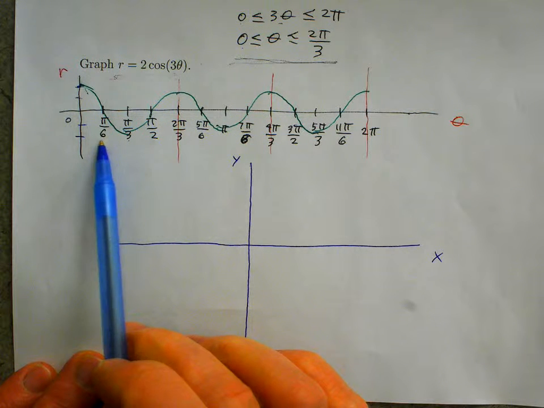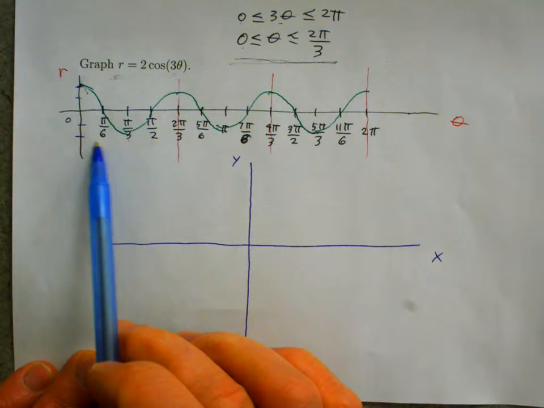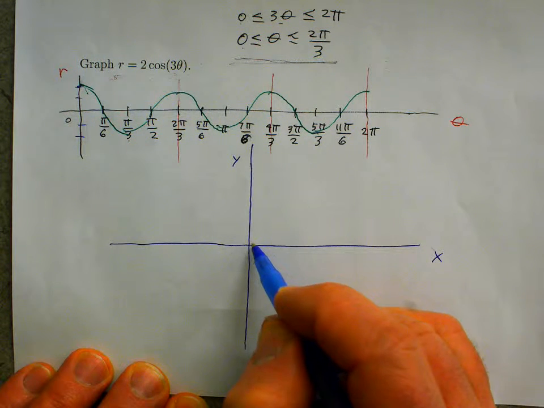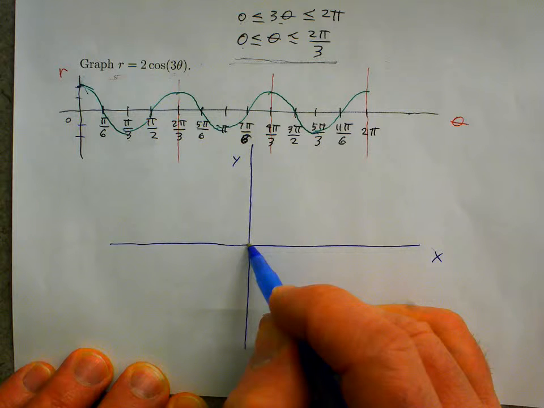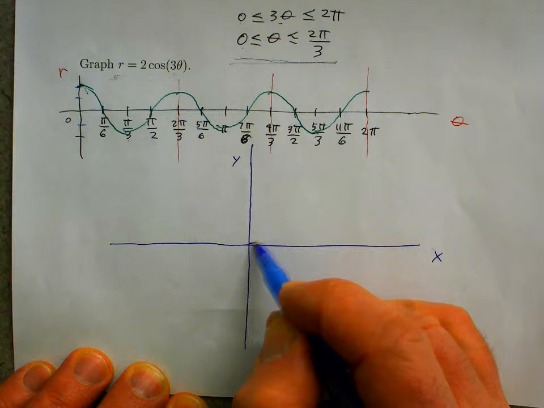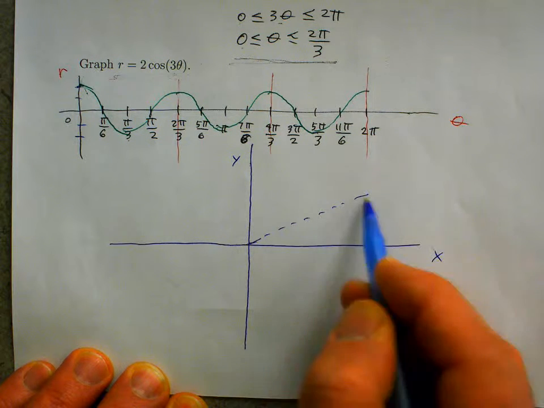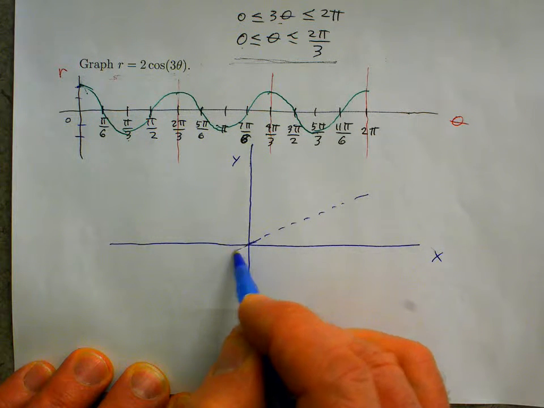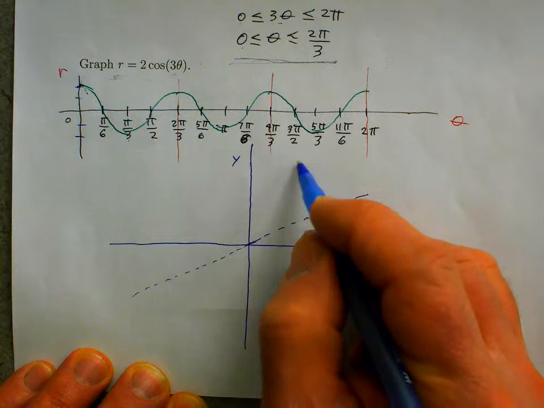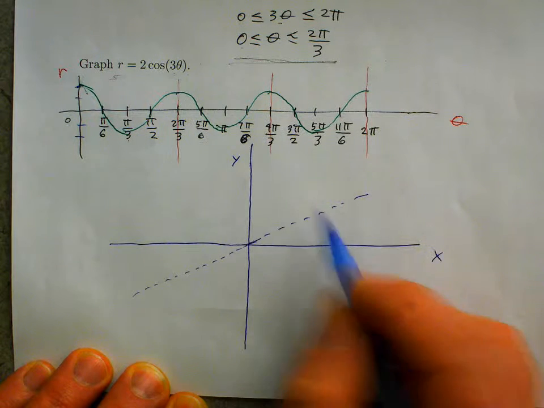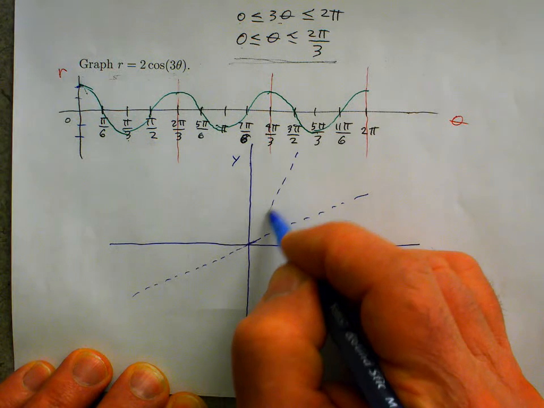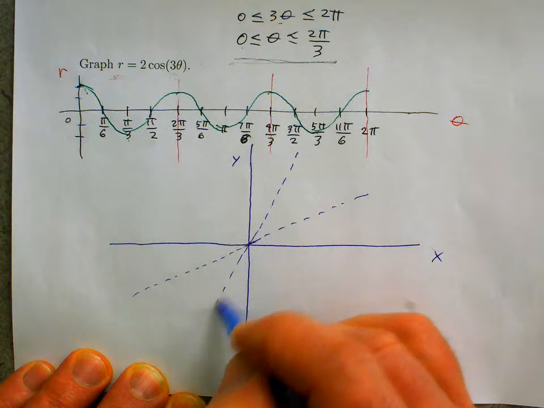So these subintervals up here are of length pi over 6. So I'm going to put dashed lines where theta equals pi over 6 multiples. So approximately, this is pi over 6, and then opposite of that is 7 pi over 6. Then 2 times pi over 6, or pi over 3, the 60-degree angle, will look something like this.